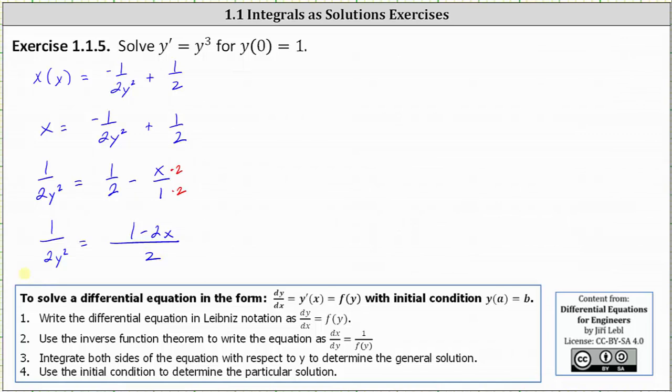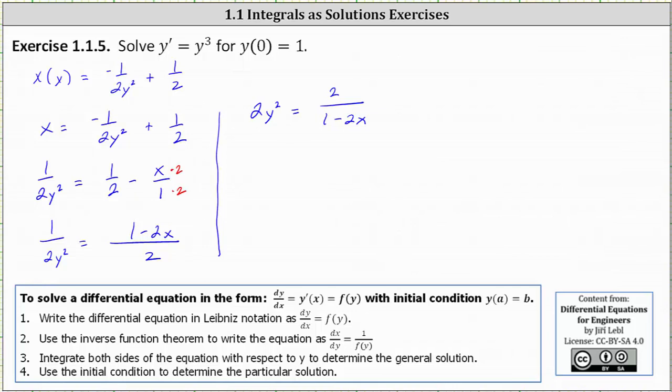And now we're going to take the reciprocal of both sides of the equation again, similar to how we changed the initial differential equation. If 1 divided by 2y squared is equal to the quantity 1 minus 2x divided by 2, we can say that 2y squared over 1, or 2y squared, is equal to the reciprocal of the right side of the equation, which is 2 divided by the quantity 1 minus 2x.